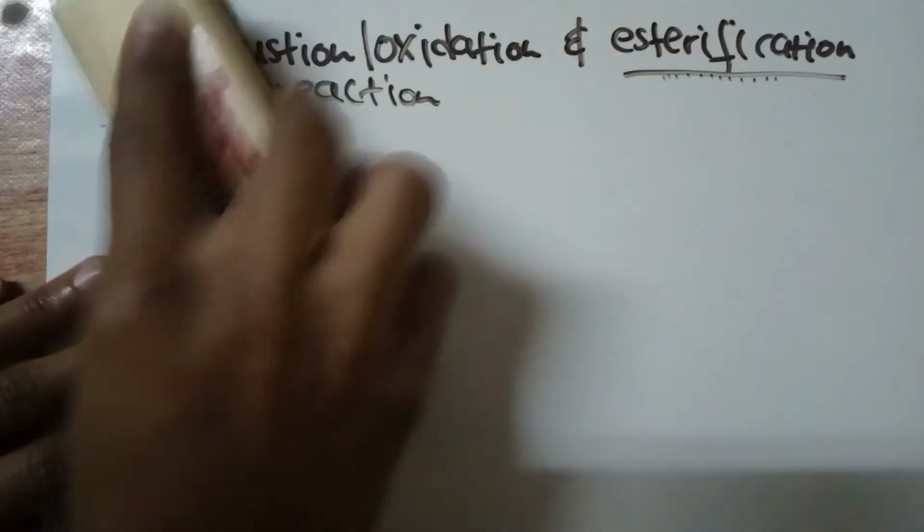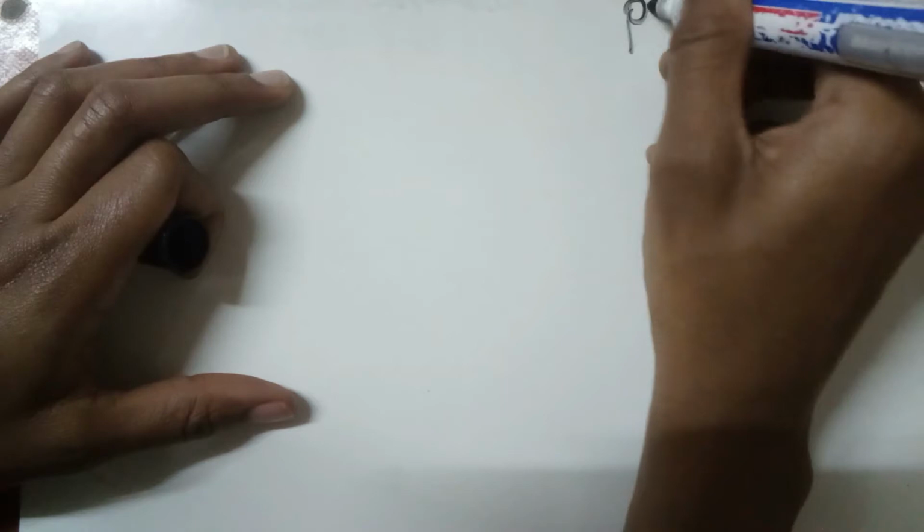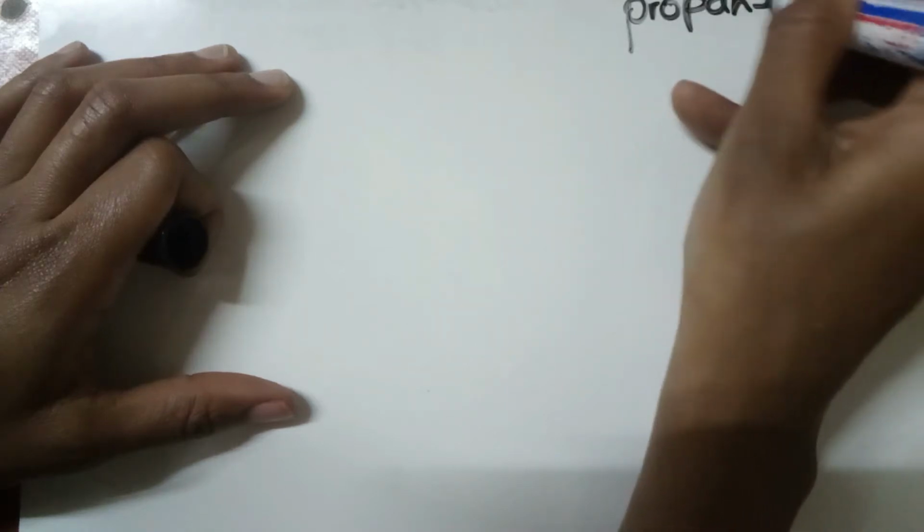So hydrocarbons, those are your alkenes and alkynes, are the main source of fuel or energy in the world currently. They can be used in the production of electrical energy and or used as fuel for various engines. And the hydrocarbon that you're going to be looking at in this lesson is propane.